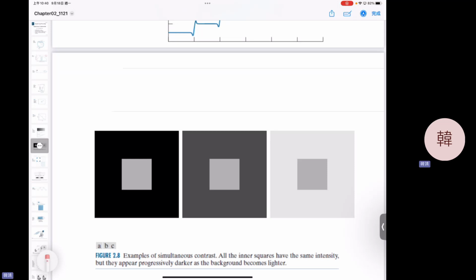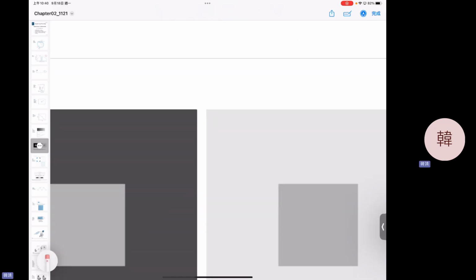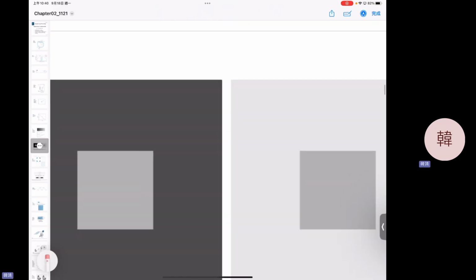Okay, so it's called simultaneous contrast. When you compare them with each other, your eyes will give some different psychological feeling to the image, even though I put in the same one. But if you look clearly, they are exactly the same gray level, just the background is different.